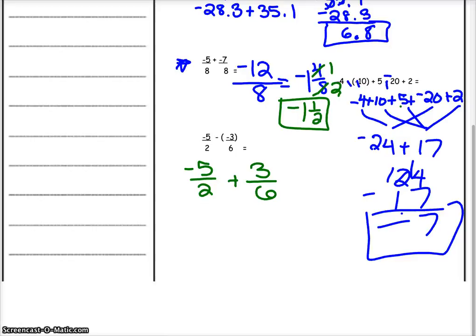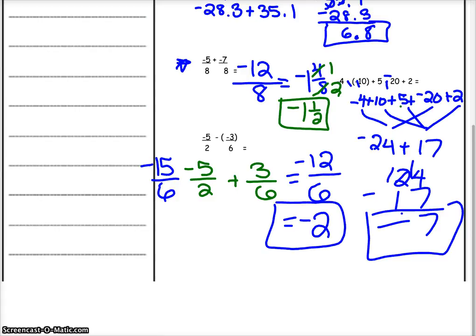So I can turn my 2 into a 6. 2 times 3, negative 5 times 3 is negative 15. So this turns into negative 15 plus 3 is negative 12 over 6. That's just division. Negative 12 divided by 6 is a negative 2. So I will want it simplified fully like that. Okay?